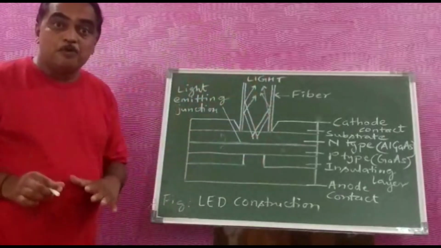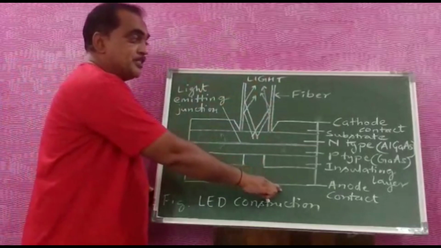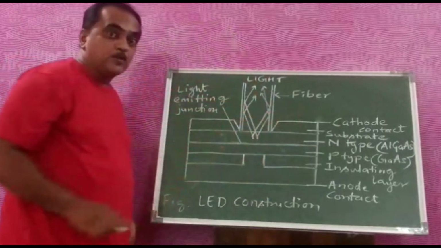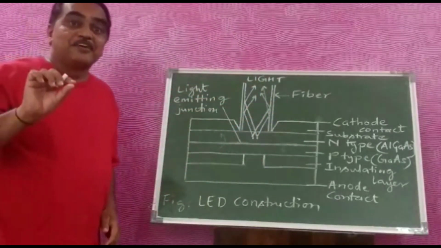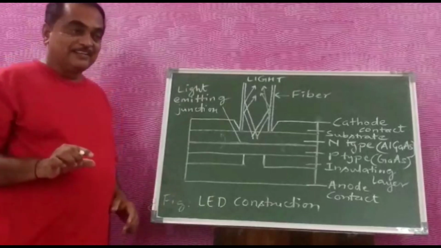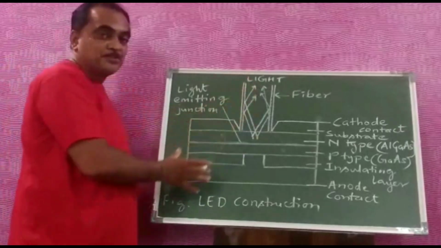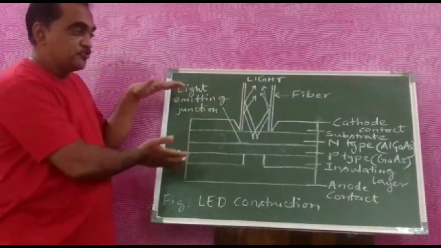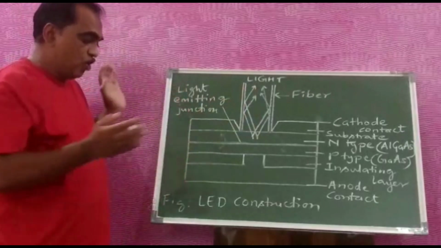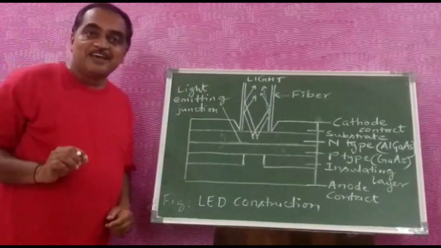The light will come out only when the anode is made positive with respect to the cathode, forward biased, and that current is increased. So this is your structure and working of LED, that is light emitting diode.